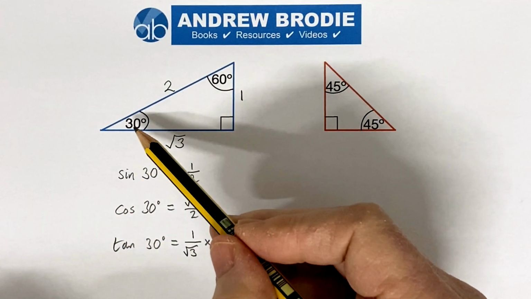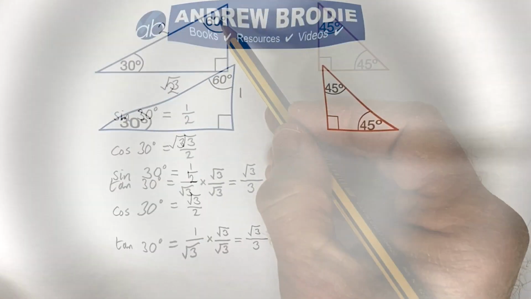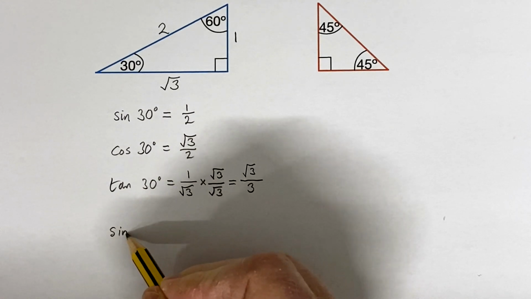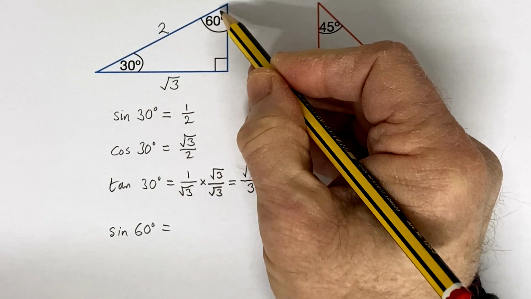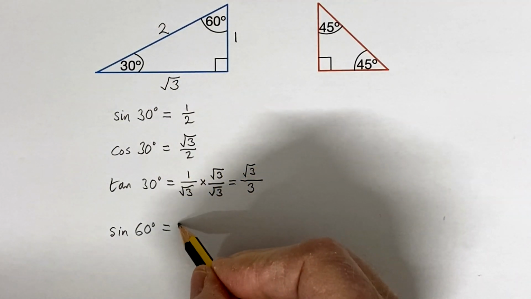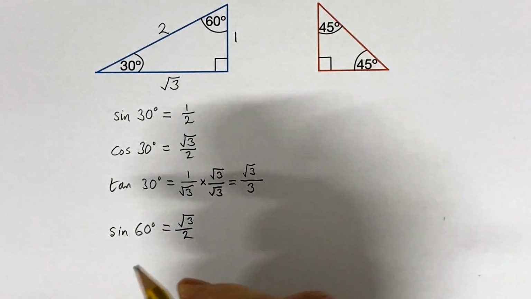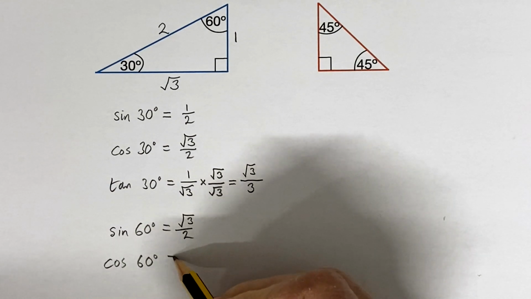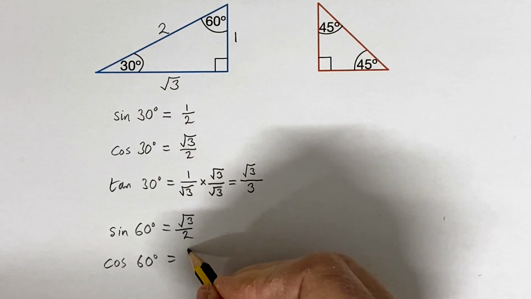So look at the triangle again, 30, 60, 90, 1, 2, root 3. Now if you look at the 60-degree angle, sine 60 is opposite. That now is the opposite. That's still the hypotenuse, of course. So sine 60 is root 3 over 2. Cos 60 is the adjacent over the hypotenuse, so that's 1 over 2.